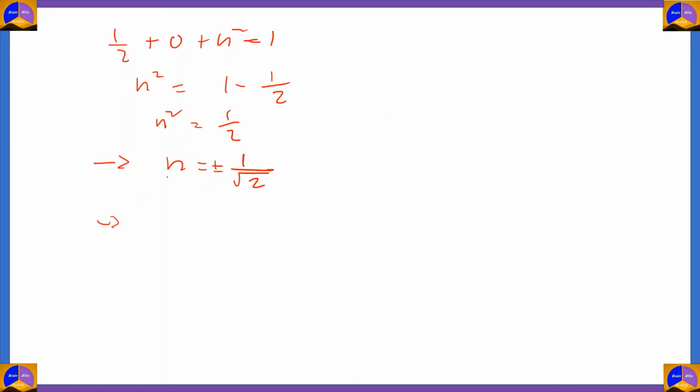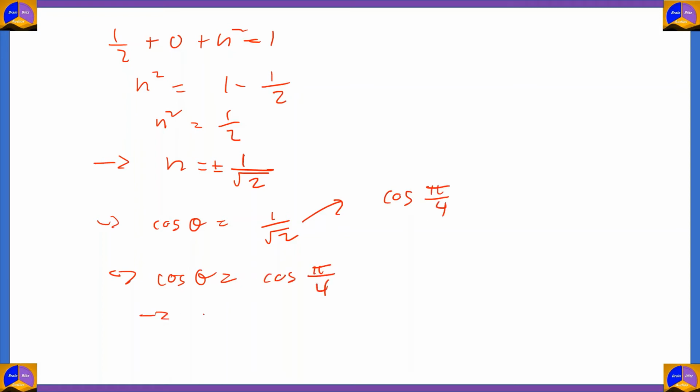So let's put in the value of n. n is cos theta, and cos theta is 1 by root 2, which is cos pi by 4. So we get the value of theta as pi by 4. So we found the third direction cosine, which is 1 by root 2.